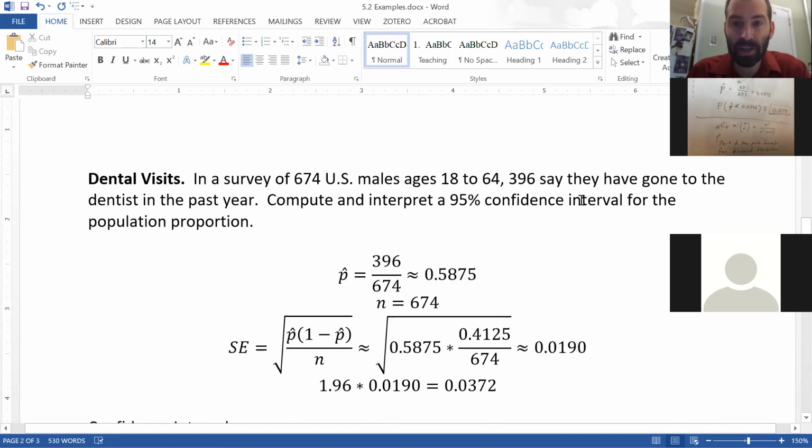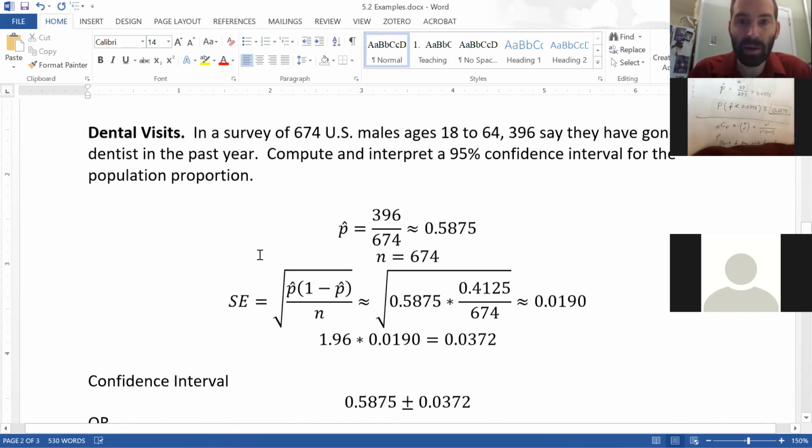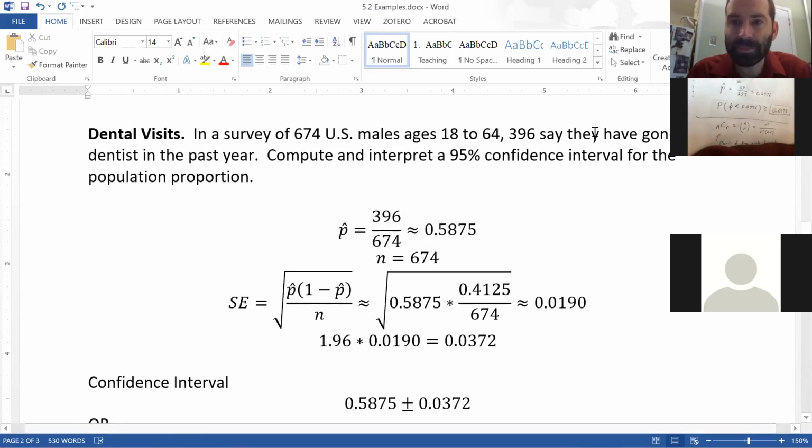And interpret it in the context of the problem. Have gone to the dentist in the past year. That's what we're talking about. And these are US males.